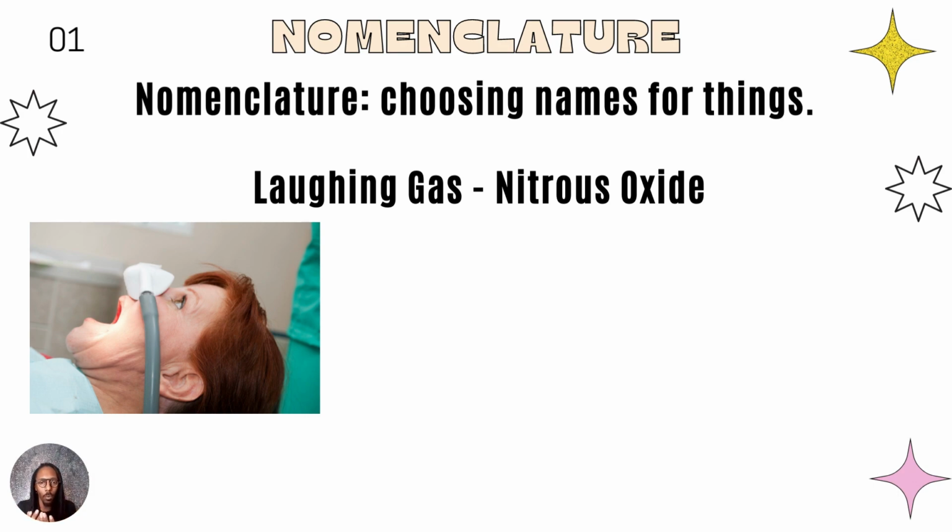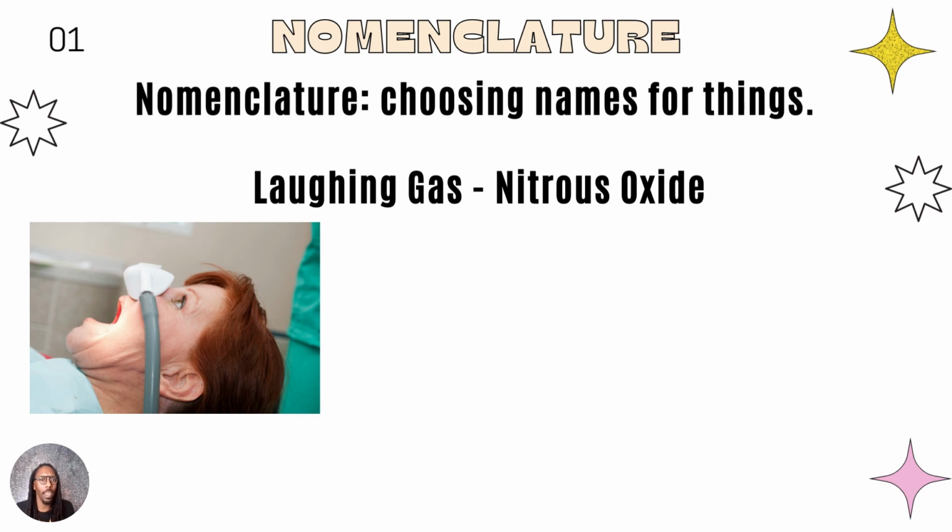If I was looking at laughing gas, I would not know what it is. I just know by the description that it's probably gonna make me laugh. But I wouldn't know the actual chemical formula, or even what is inside laughing gas.